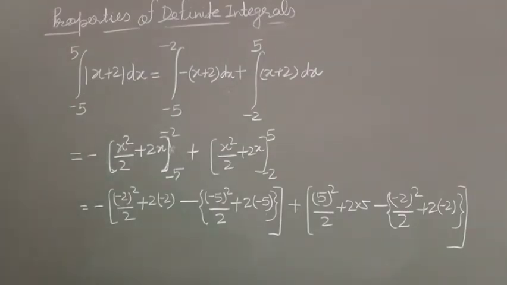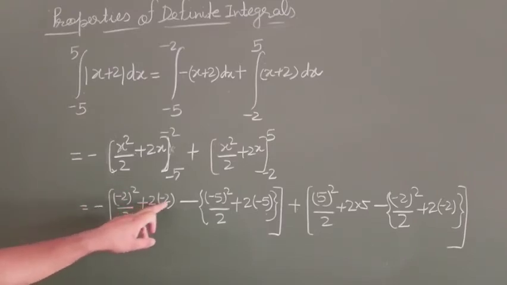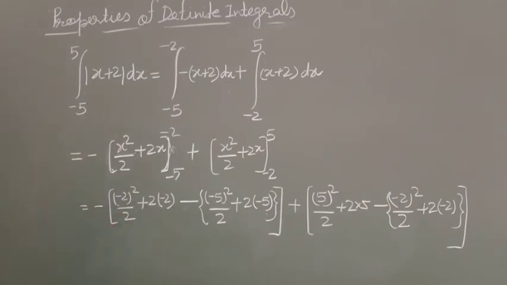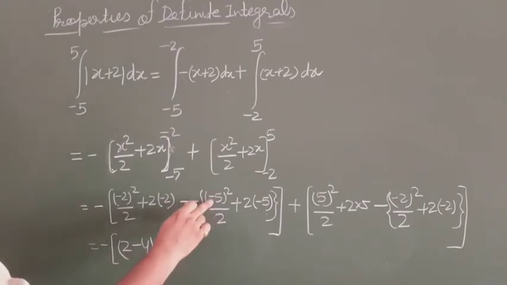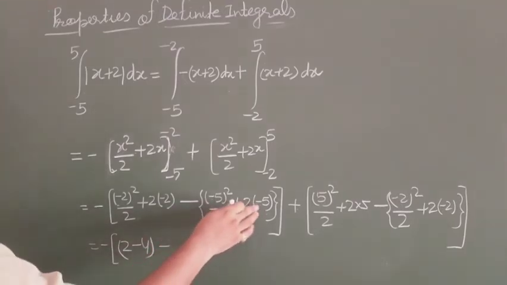Okay, let us do the calculation. It is 4 upon 2 and it is minus 4. Correct? So 4 upon 2 minus 4, so it will become 2 minus 4, minus 25 upon 2 minus 10.